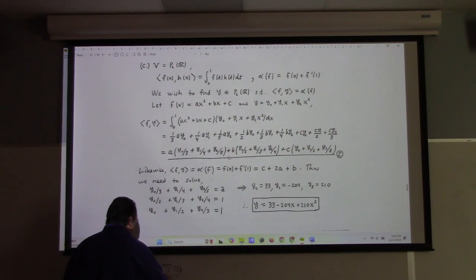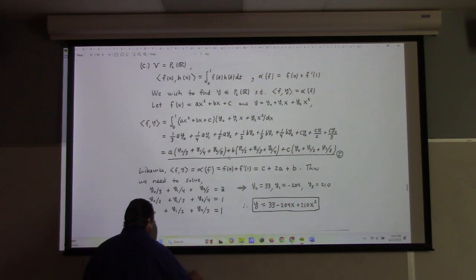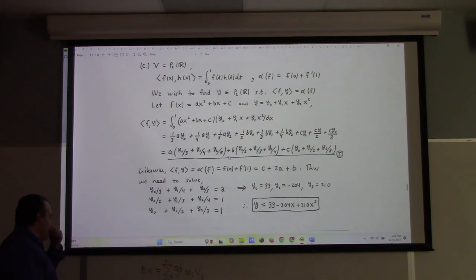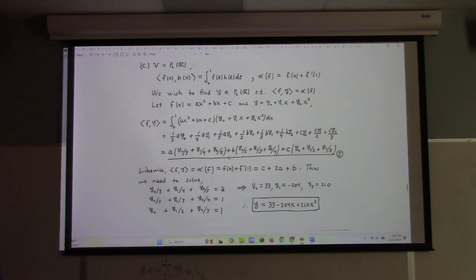The sum, j equals 1 to 3, I guess, of alpha sub i v sub j, if I've remembered it right. So, well, here's a question.